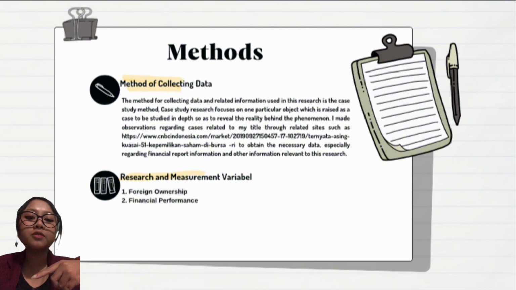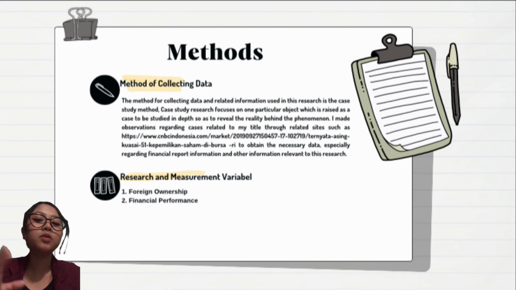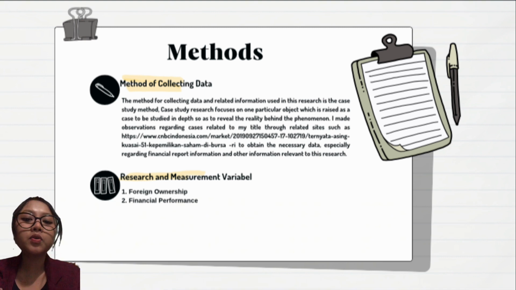I made these observations regarding cases related to my title through related sites, such as you can see, that's the website that I use to obtain the necessary data, especially regarding financial report information and other information relevant to this research. Okay, next, there are research and measurement variables, where there are 2 points. Number 1 is foreign ownership and financial performance.